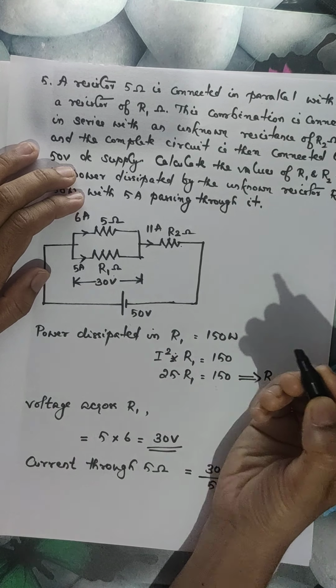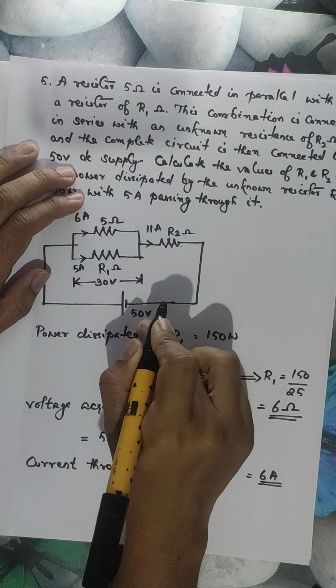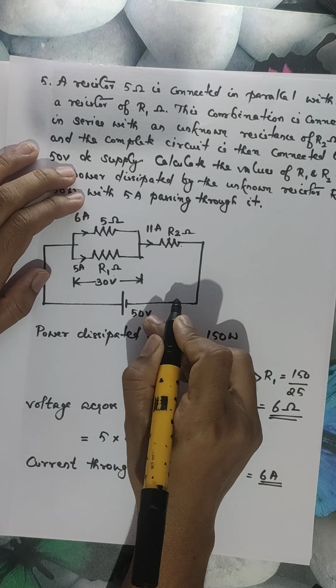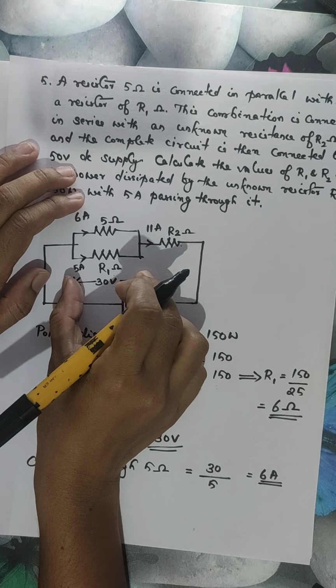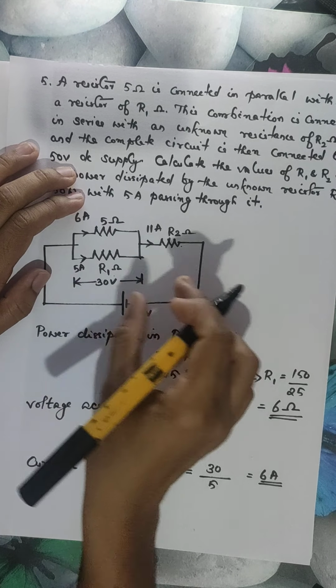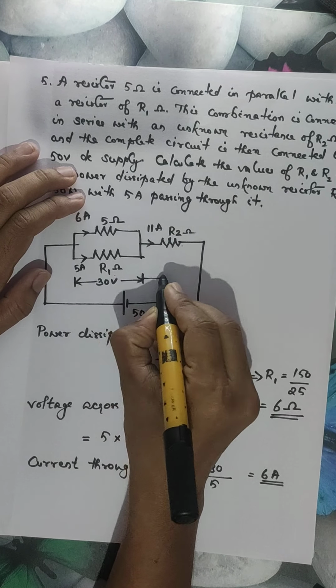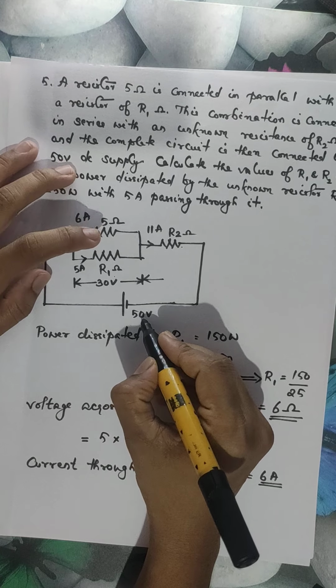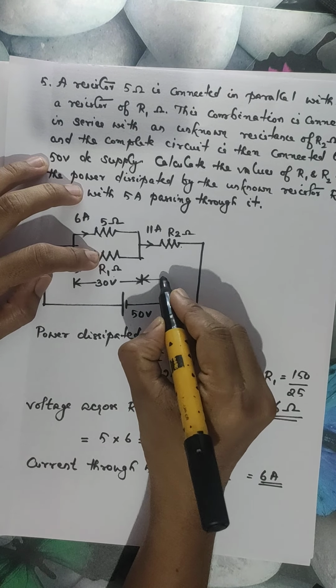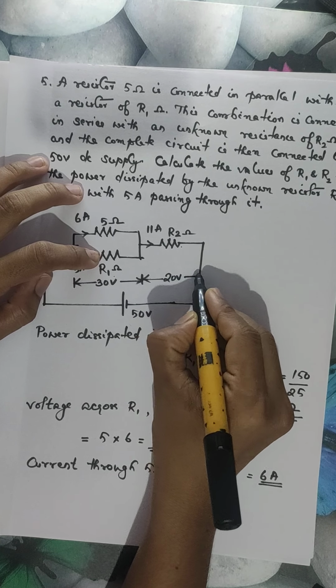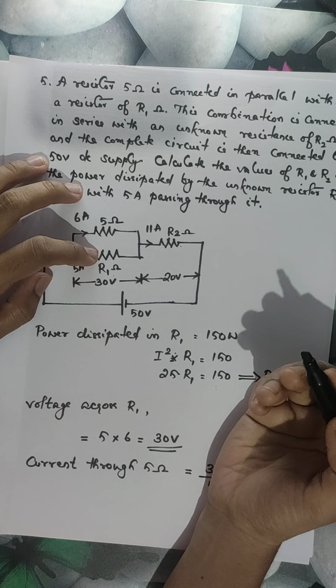The total voltage of the circuit will get divided into two, a part across this equivalent resistance and the remaining across R2. So total is 50, 30 volt is appearing across this parallel combination, so the remaining 20 will appear across the unknown resistor R2.